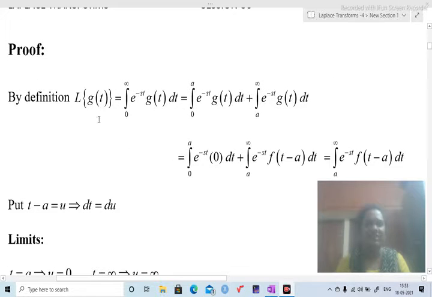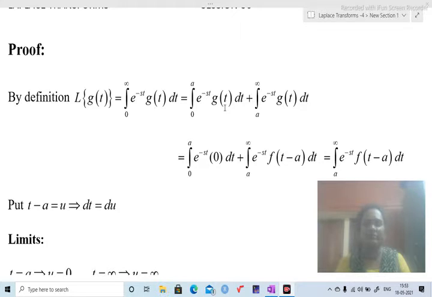Observe, by the definition of Laplace transform, L of g of t equal to integration 0 to infinity e power minus st g of t dt. Now, we are going to split this integration from 0 to infinity into two parts, that is 0 to a and a to infinity.